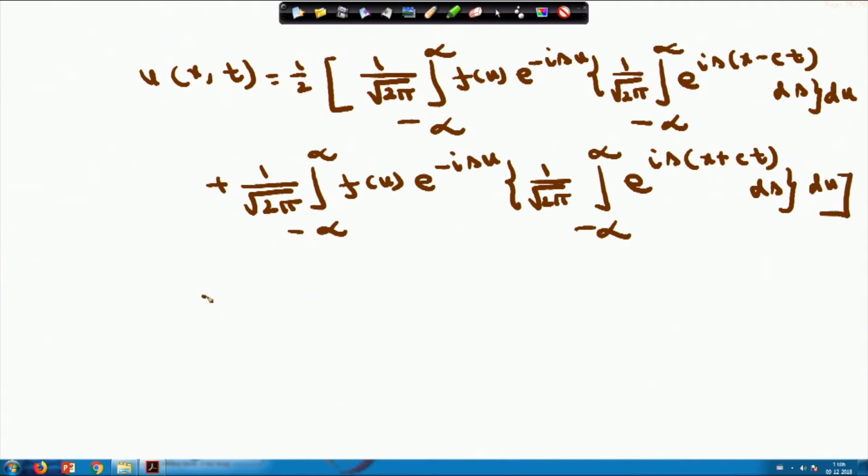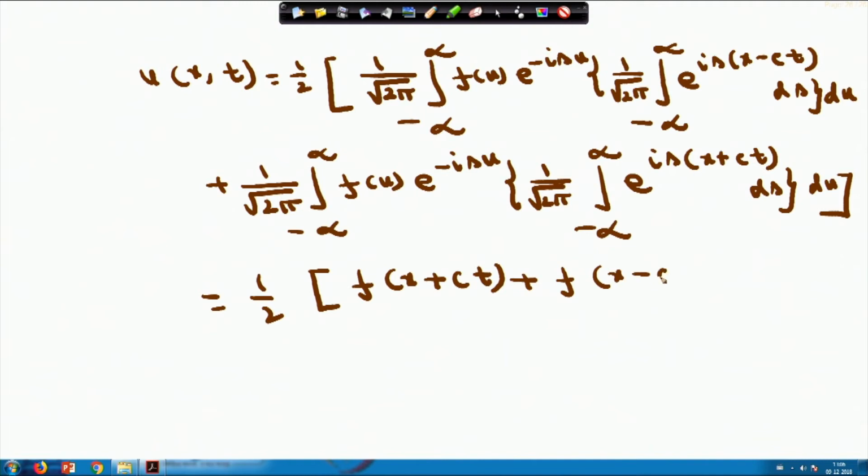And this equals, I can write from the Fourier integral formula, because we already did the Fourier integral formula earlier. Please go through it, and from there you can check that one term will be f of x plus c t, and the other term will be a function of x minus c t. So, basically u x t you are getting in terms of a function of x plus c t and a function of x minus c t.